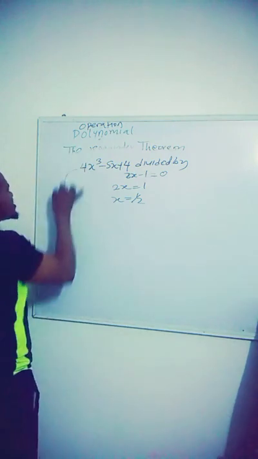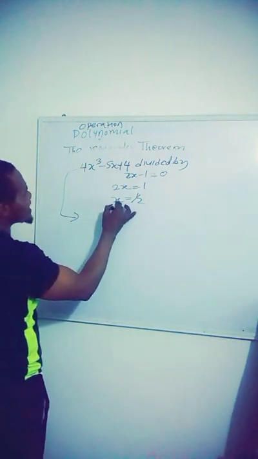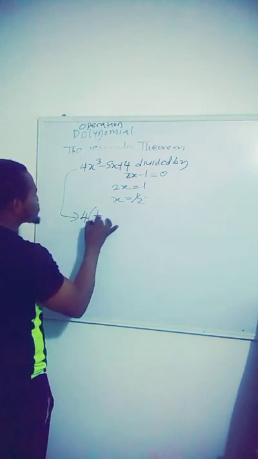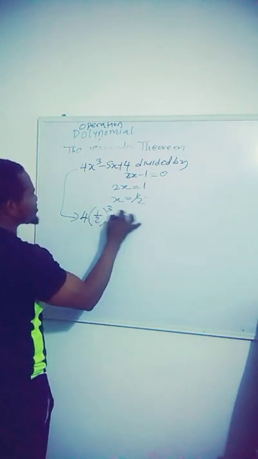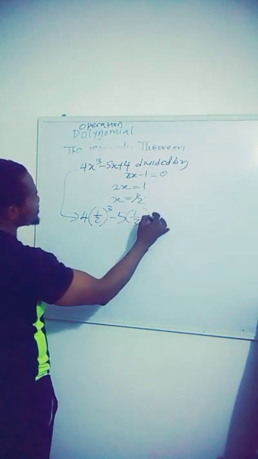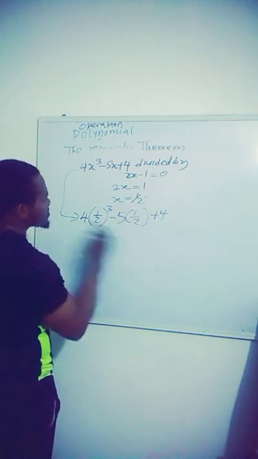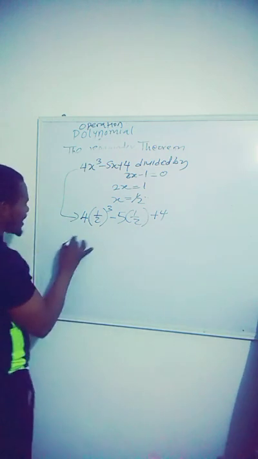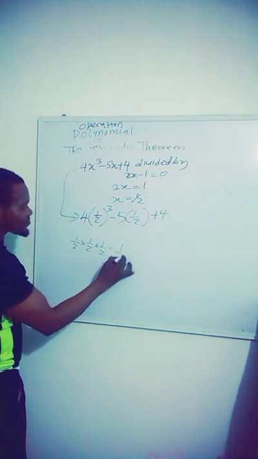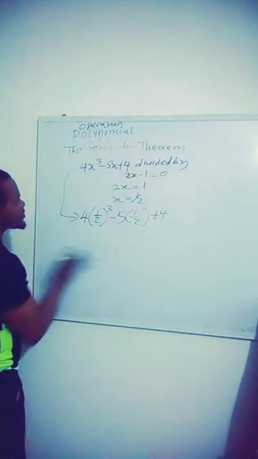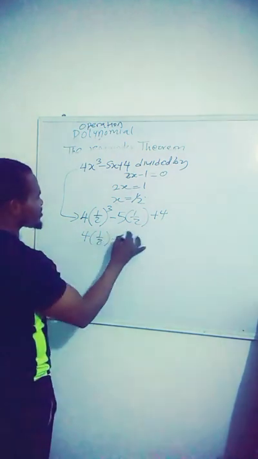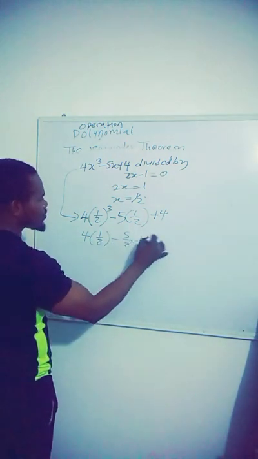So let's bring this here. Wherever we see x, we put 1 over 2. 4 into 1 over 2 raised to power 3, minus 5 into 1 over 2, then plus 4. So 1 over 2 times 1 over 2 times 1 over 2 is equal to 1 over 8. So we have 4 into 1 over 8 minus 5 over 2 plus 4.